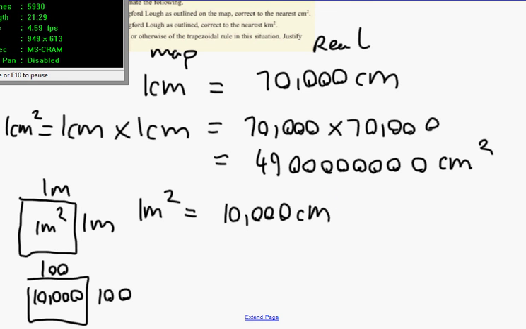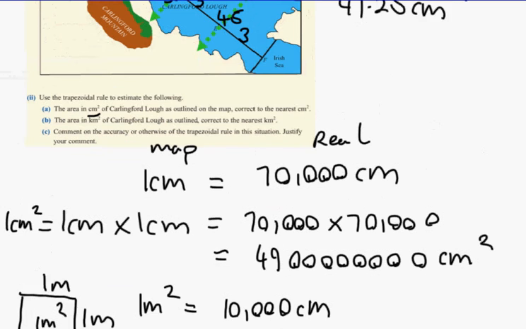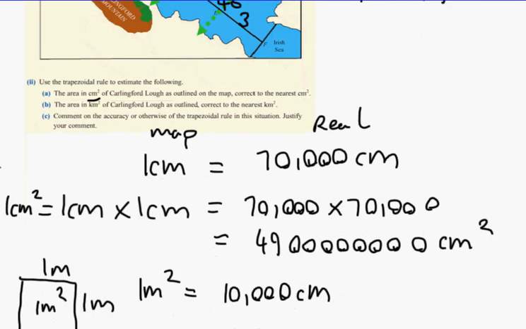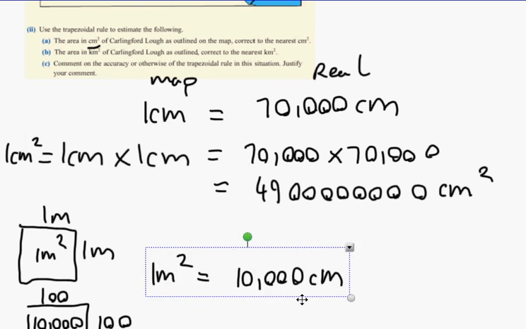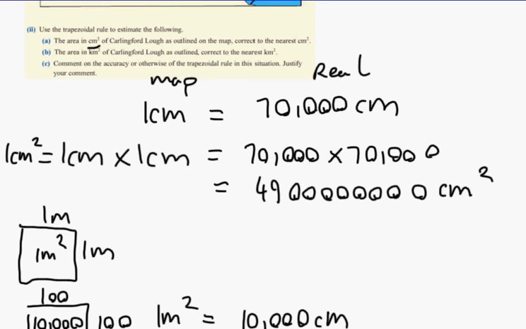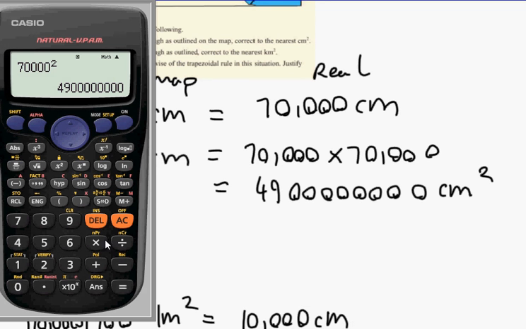Okay guys, what happens next is we have 47.25. So we have to multiply our 49 and 8 zeros by 47.25, because it's not 1 centimetre squared, it's 47.25 centimetres squared on the map.